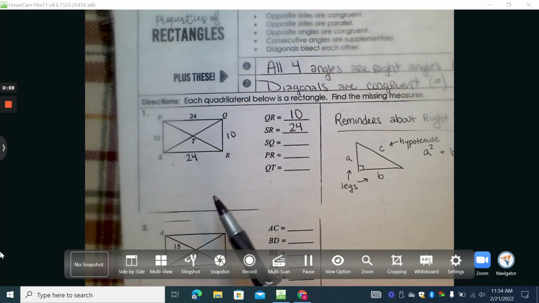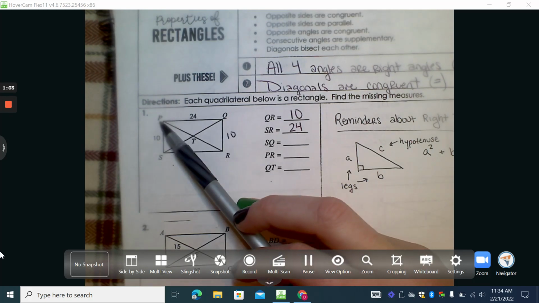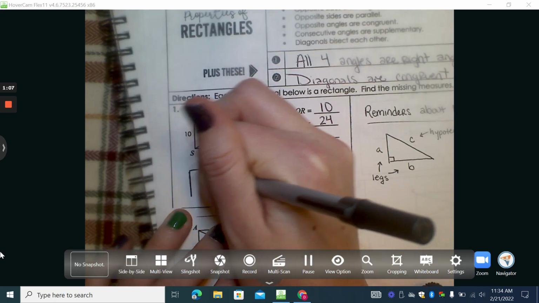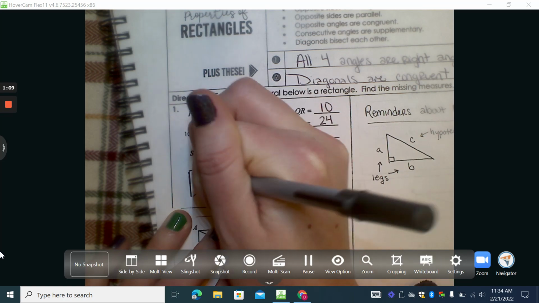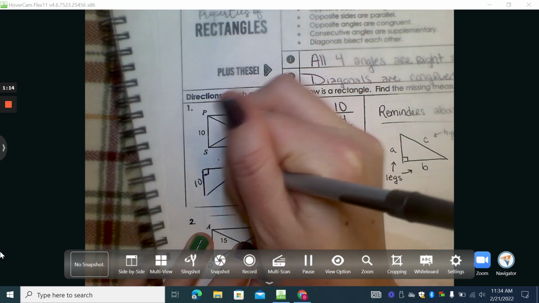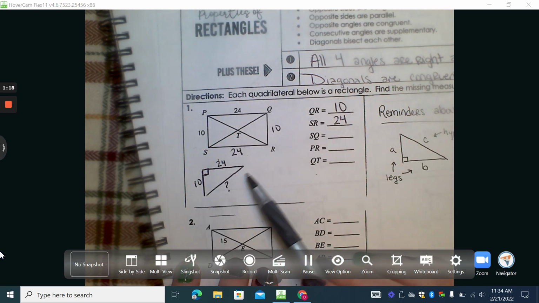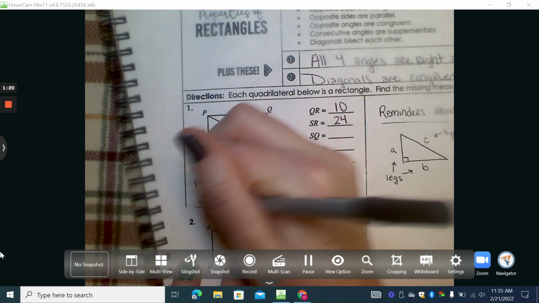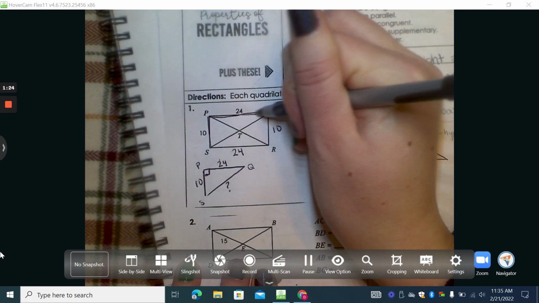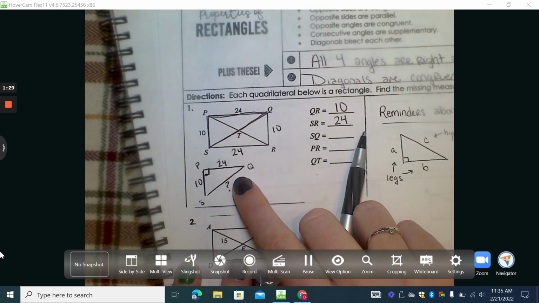If I look at SQ here and the shape it makes with PSQ, that actually makes a right triangle. 10, 24, and I want to know what the S to Q is. This is SQP. It is this triangle section right here. I want to know what my diagonal is.